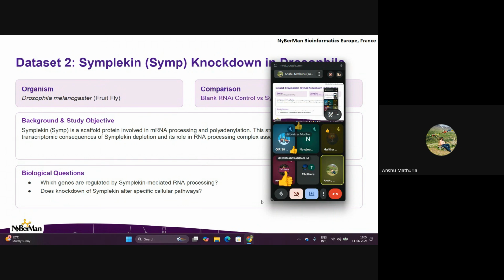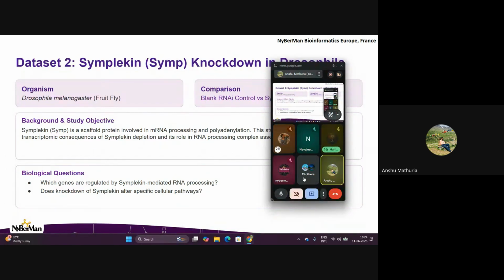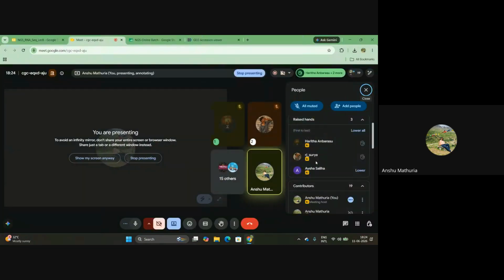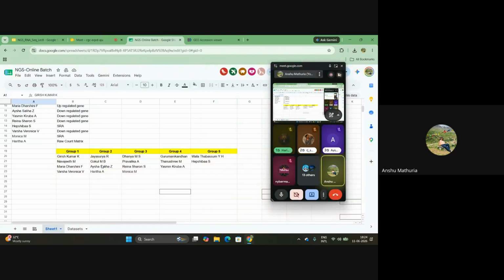Okay. Who all are there in data set 2? Can you please raise your hands? Okay, Harita, Aisha, Surya, and any other? Gokul is not there in the class today.